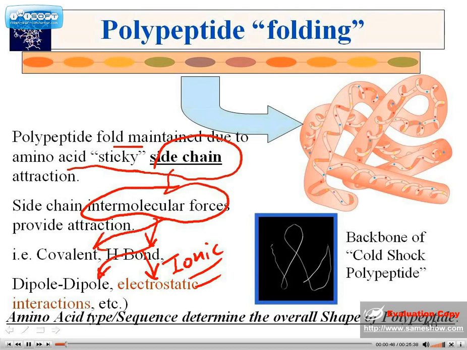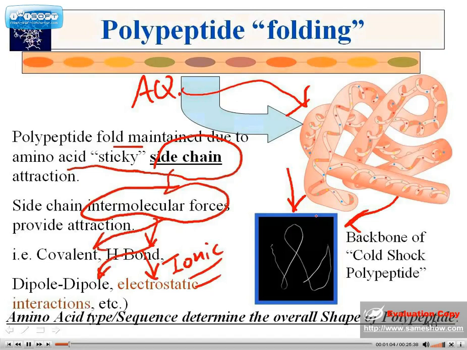So, we're assuming that this polypeptide is in its aqueous form and it's folded up properly. Here is a model in this hard to see picture right here. This is a model of a cold shock protein, cold shock polypeptide. Think of this as a molecular EMT, and its purpose is to go around and fix proteins that have been too cold, so to speak, and consequently they start to fall apart.